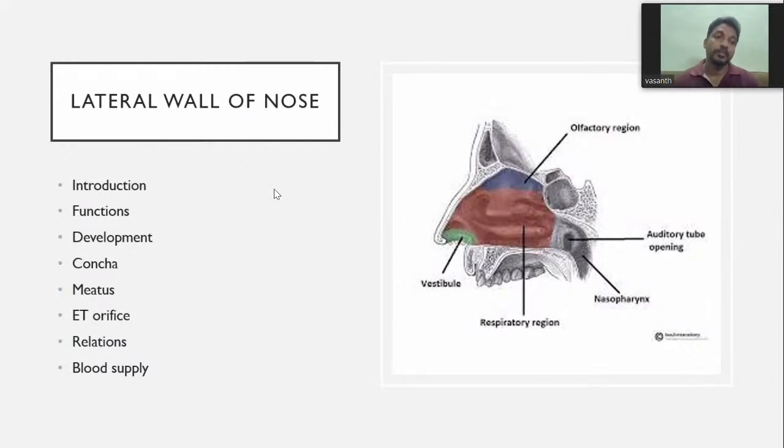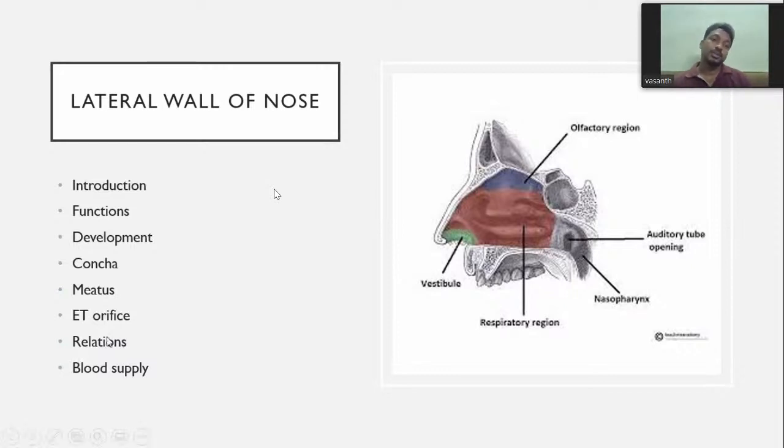So you can give a heading as eustachian tube orifice. You may wonder why you have to give that in the lateral wall, but in the posterior part of the lateral wall you can write about the eustachian tube orifice, and you can even write about the fossa of Rosenmuller, which is the origin of nasopharyngeal carcinoma.